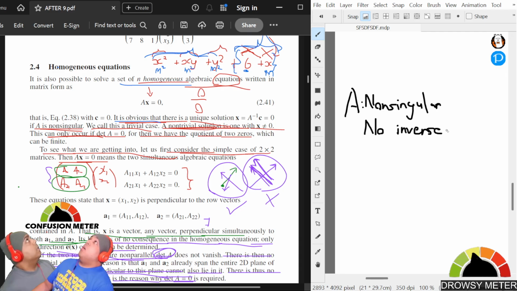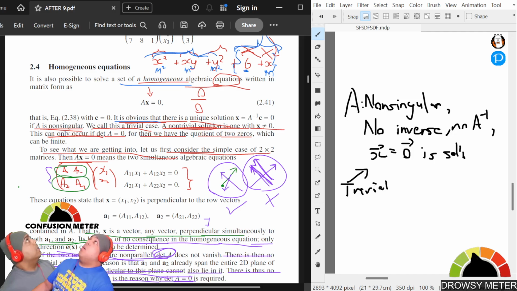No inverse, no A minus 1. x equal 0 is a solution. We call this the trivial case.